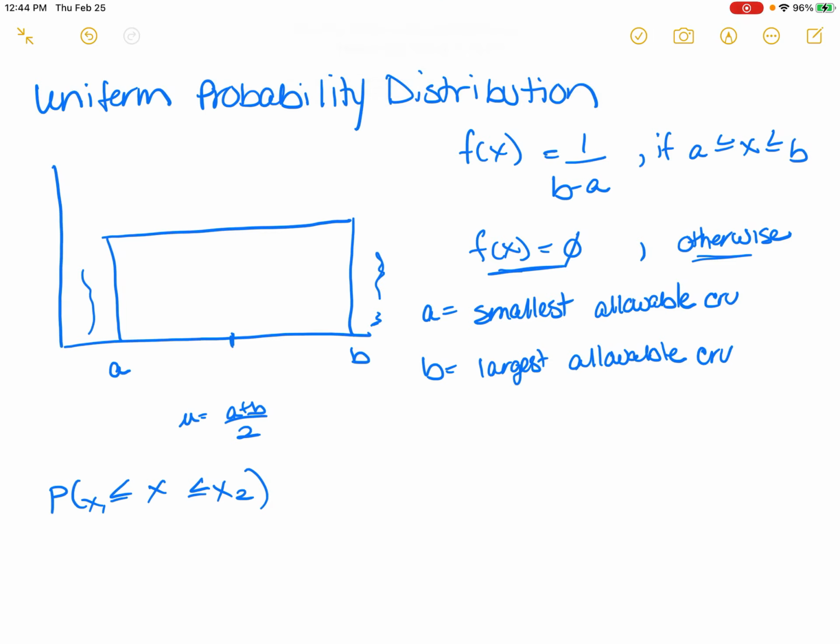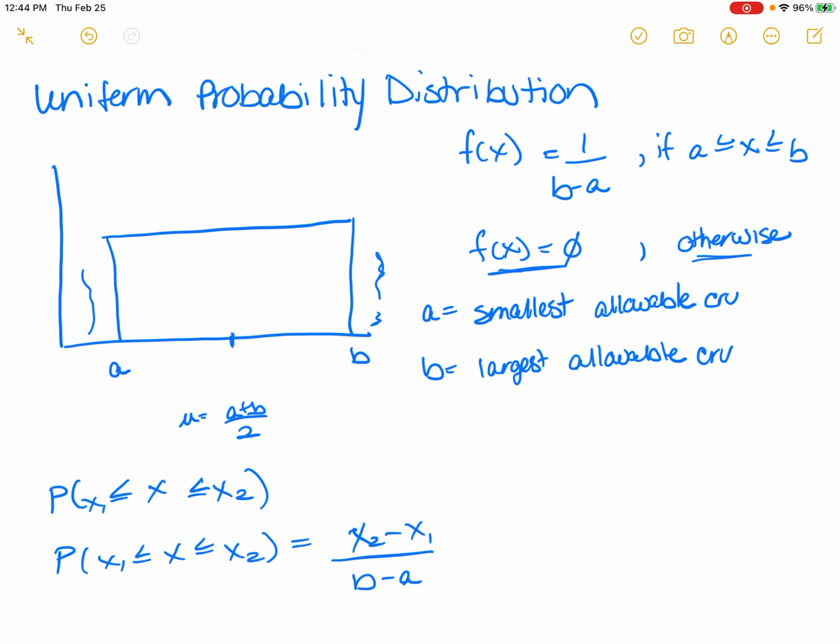And that this is going to be equal to x2 minus x1 over B minus A.